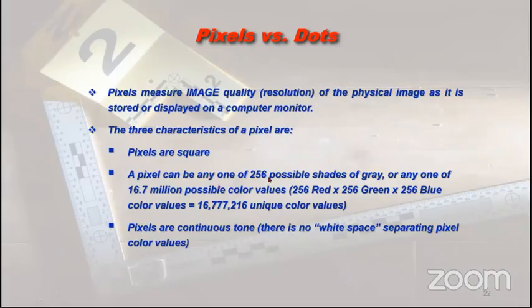A pixel can be one of up to 256 different possible shades of gray, or one of 16.7 million different color values. In other words, 256 red times 256 green times 256 blue, which is where you get your 16.7 million different color values. Also, pixels are continuous tone, so there is no white space that separates the pixel color values.